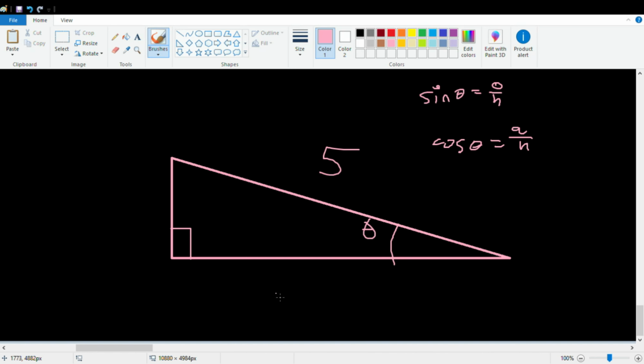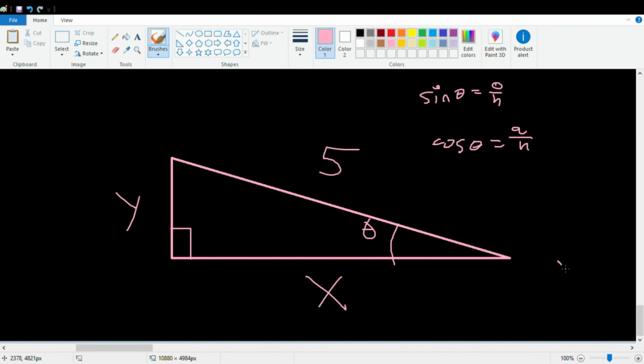To rearrange for this, let's just call this x and this one y. So we're actually going to use cosine. This side right here is the side length that is adjacent, or right next to this angle. This is also right next to it, but that's our hypotenuse. So we're going to say cosine theta equals adjacent over hypotenuse.